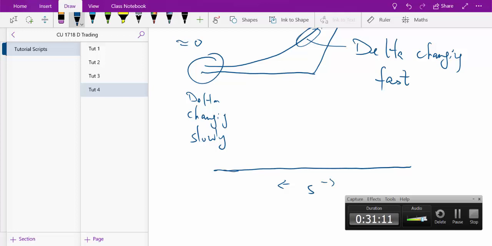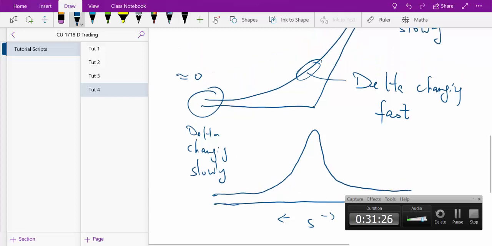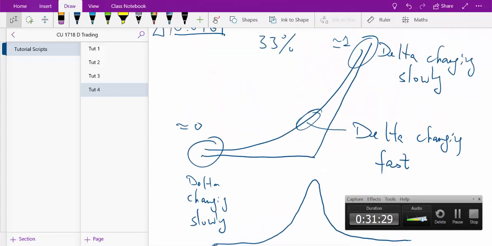Gamma might start very slow, then it goes up, and then it comes back down. That is the reason, because a lot of the action for delta changing is happening around this area.